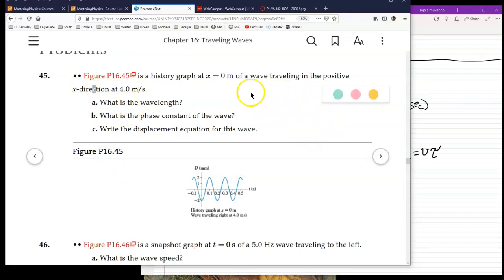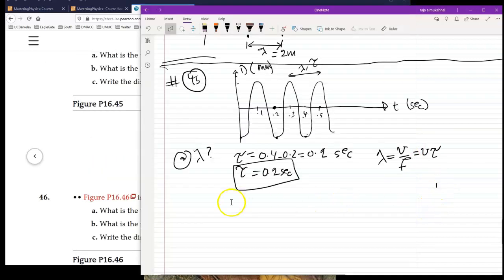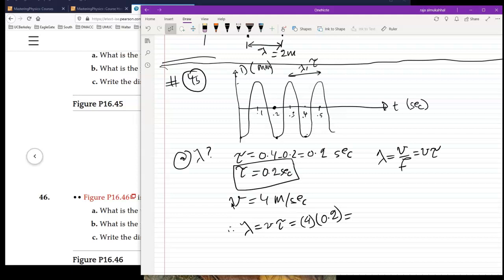It says the wave is traveling in the positive x direction at 4 meters per second. So here the velocity is 4 meters per second, and therefore lambda is equal to v tau. So that will be 4 times 0.2, and that will be 0.8 meters. There we go. So lambda is 0.8 meters.